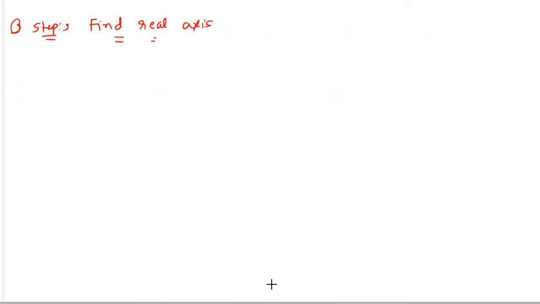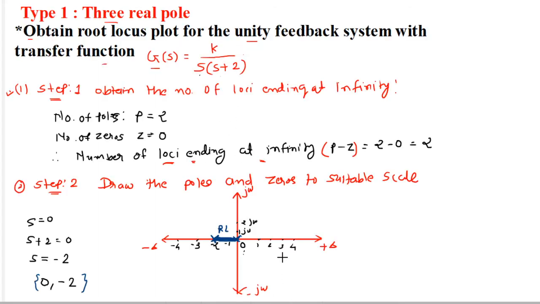Now we can write that the loci are present between minus 2 less than sigma less than 0. You can understand this from the graph. Our poles are at 0 and minus 2, so the real axis portion is from 0 to minus 2, and the loci are present in this portion only.